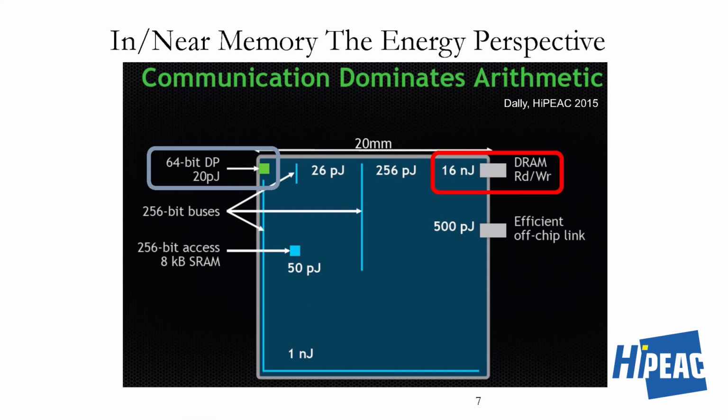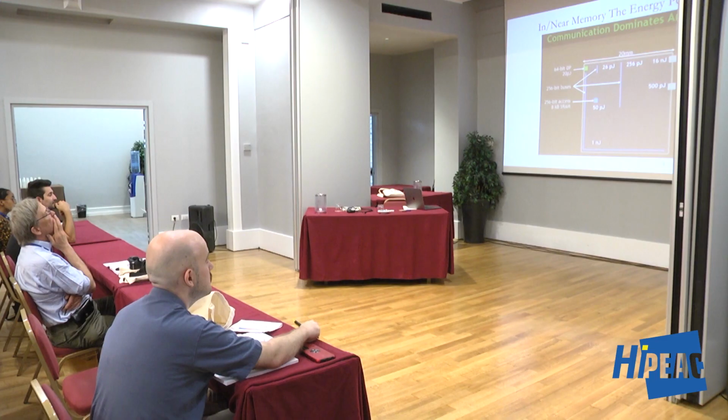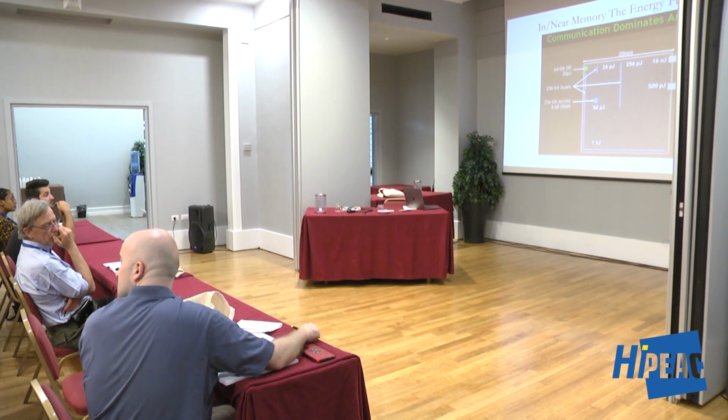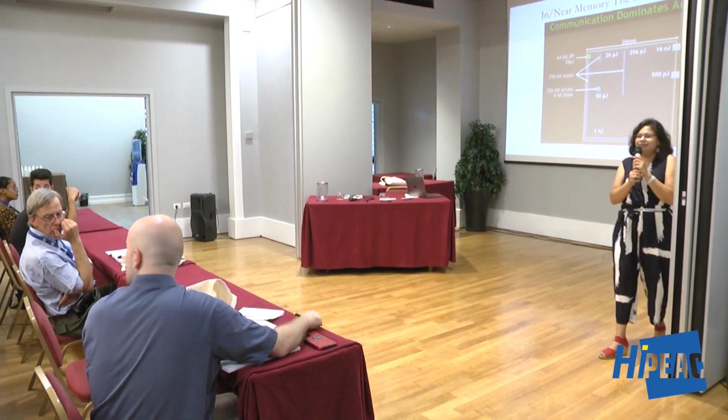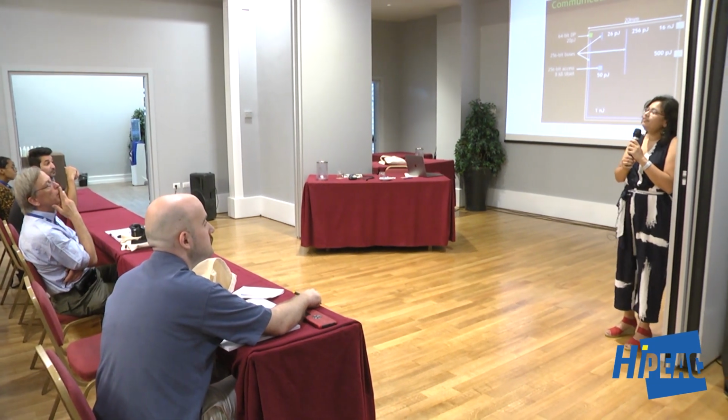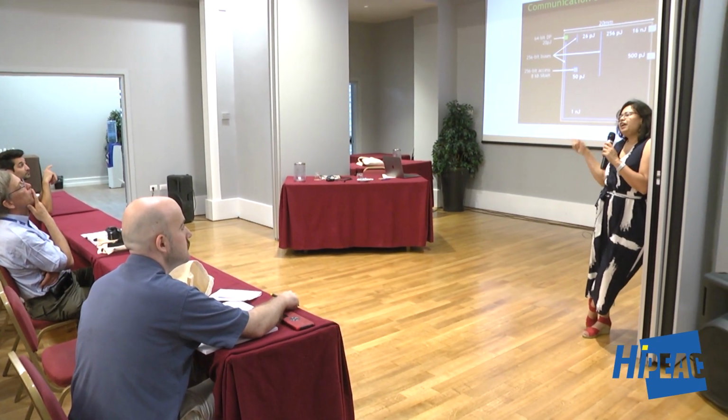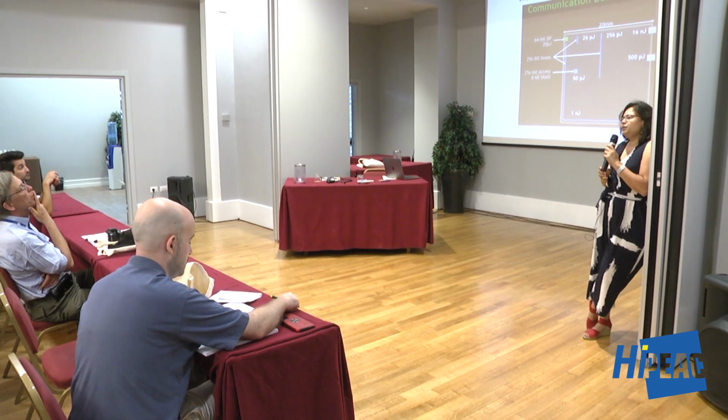So, if we do near or in memory computing, what is it that we can save from this slide? Anyone? Which energy do we save here? Any thoughts? Yeah? Go for it. Memory access, unfortunately, no, because you still have to access the memory to do in memory computing.